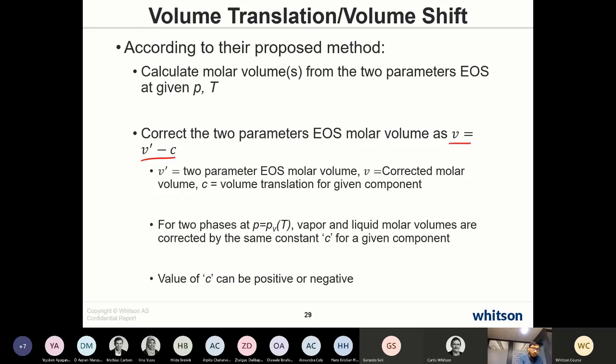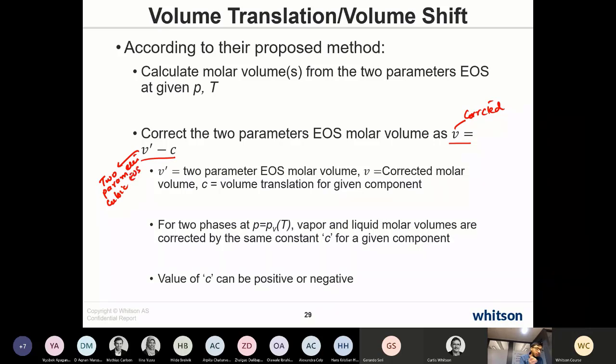So this is now your corrected molar volume, coming from the uncorrected molar volume of the 2-parameter cubic EOS.